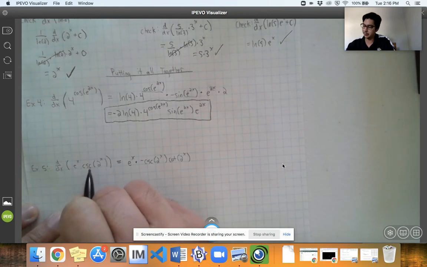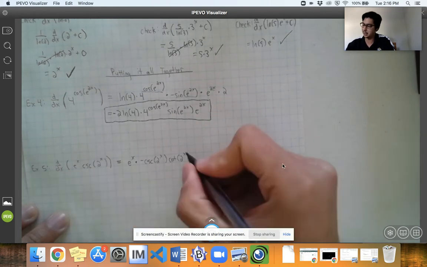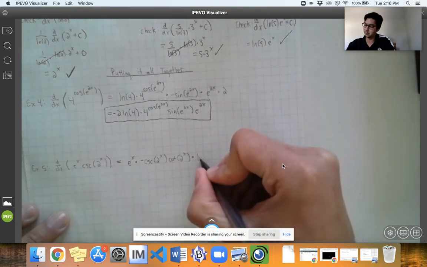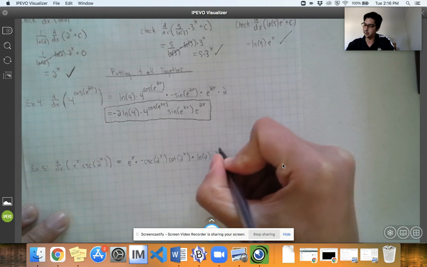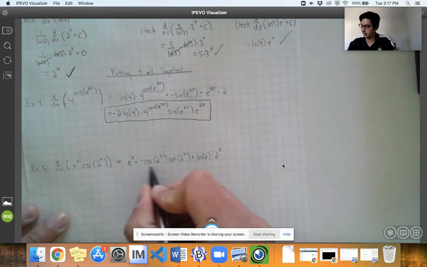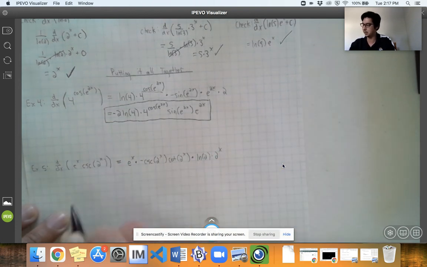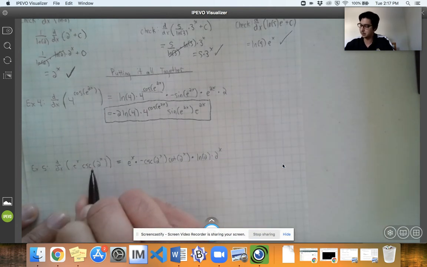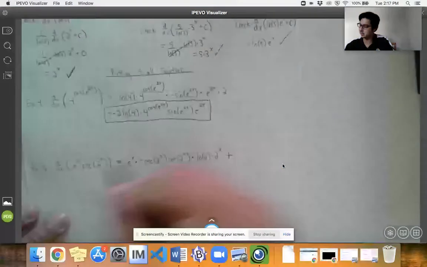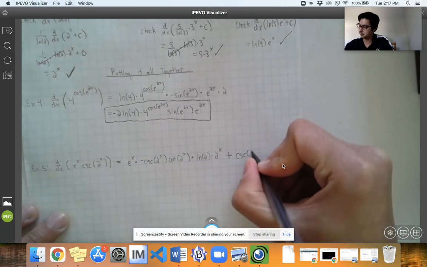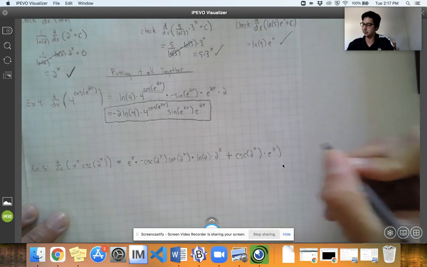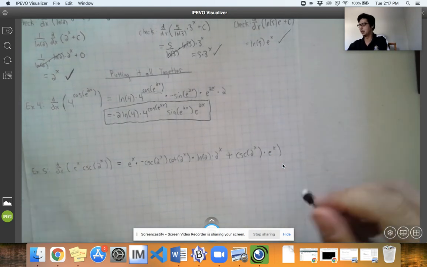But then when we did the derivative here, it's the derivative of the outside, leaving the inside alone, that's why I left it 2 to the x, times the derivative of the inside, and the derivative of 2 to the x is natural log of 2 times 2 to the x. Good. So all of that is the derivative of cosecant of 2 to the x. And then it's the first times the derivative of the second, plus the second times the derivative of the first, which, whew, thank goodness, is just e to the x. And there is your answer.